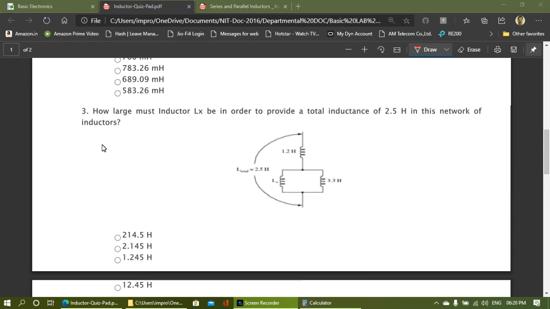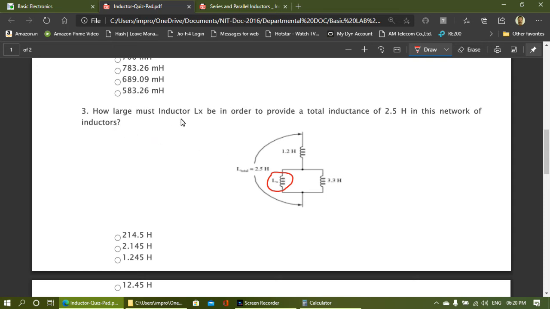Now the problem number 3, where three inductors have been given, where one is unknown. This inductor is unknown. Okay, and this is 1.2 Henry and this is 3.3 Henry, and we have to find this unknown inductance value, where the total inductance value is given as 2.5 Henry.